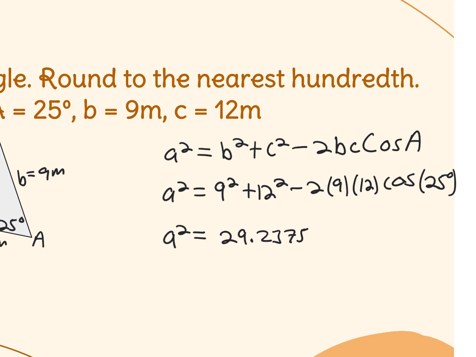That's not our final answer. That gets us a squared. So what do we have to do to both sides? Square root both sides. So take your answer, square root it. And then to the nearest hundredth is 2 decimal places. This is going to be 5.41 meters.